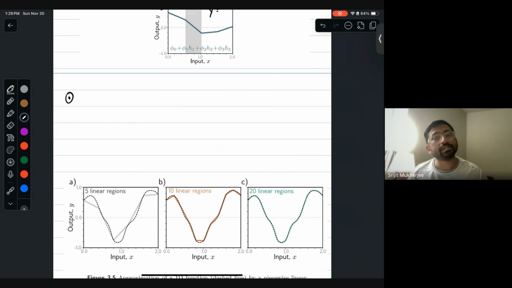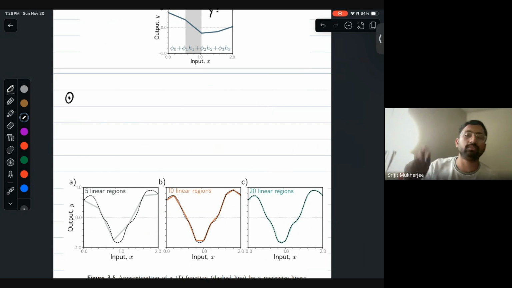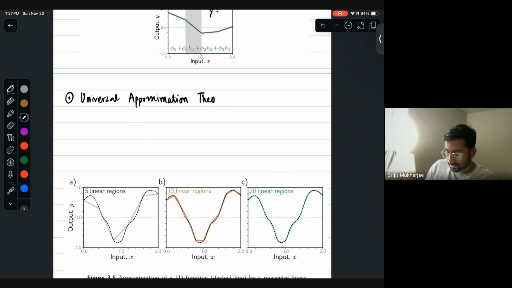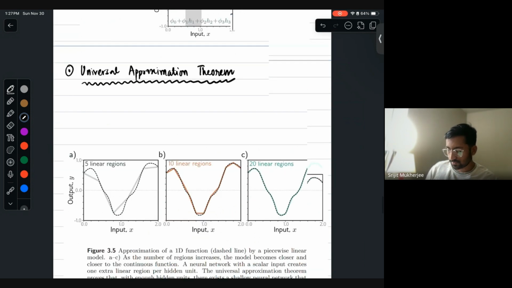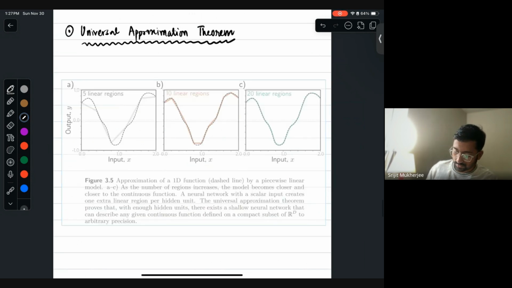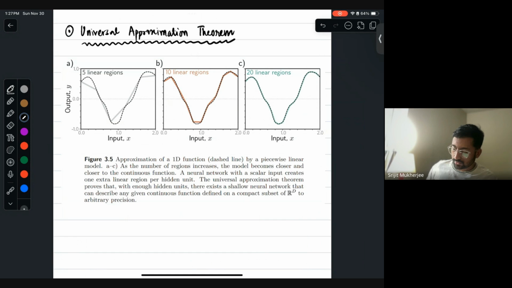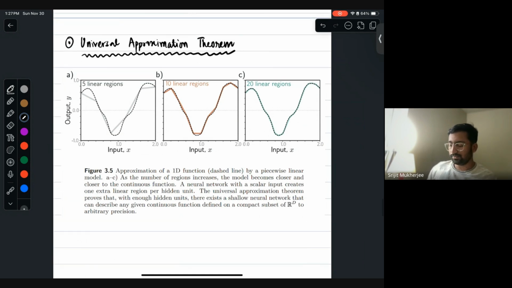First of all, we have built neural networks out of simple elements. Now comes the universal approximation theorem, which tells you why neural networks are good.